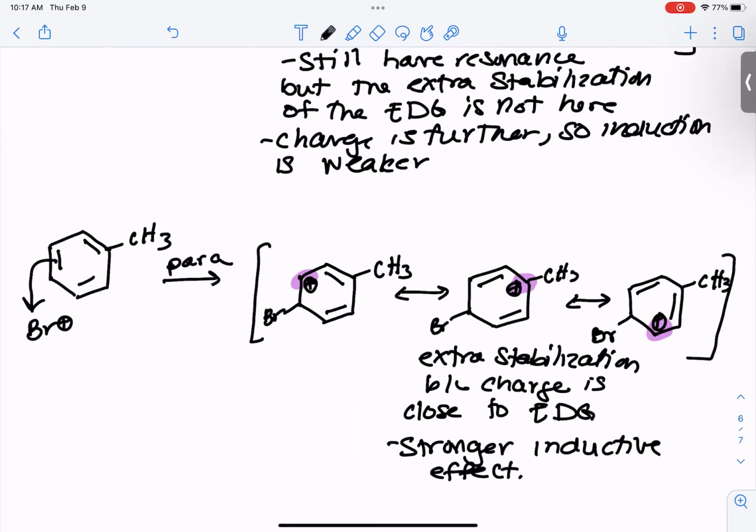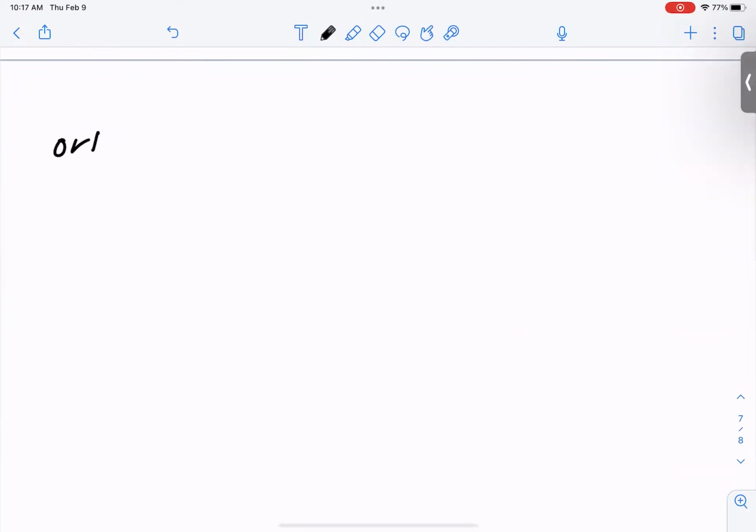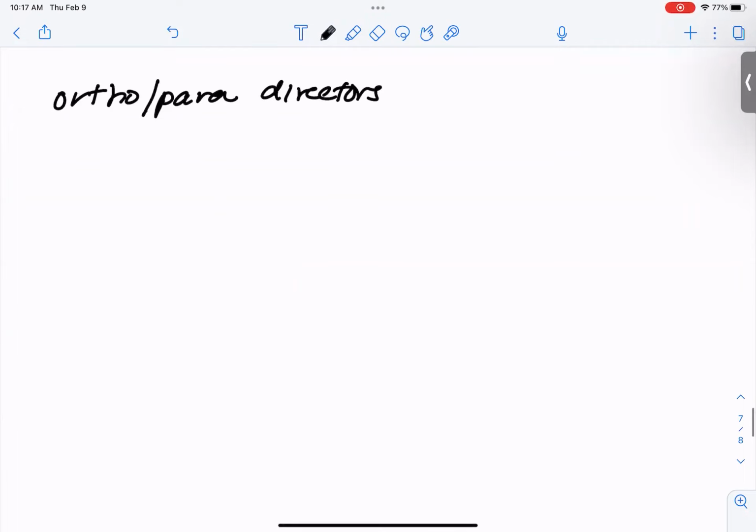Okay. So we are going to have ortho-para directors, and then we are also going to have meta directors. Now, based upon what I just did, what type of group do you think is an ortho-para director?